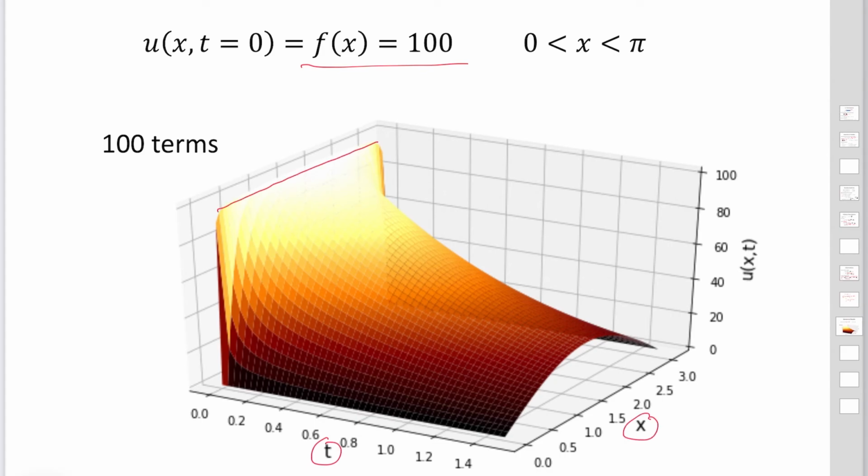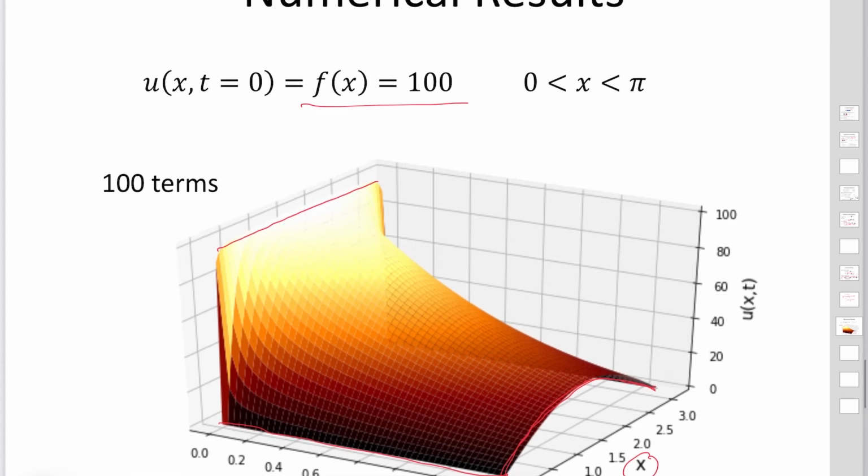Initially, the temperature is equal to 100, and the temperature decreases because both ends of the bar are at 0. And at t equals 1.4, this is the temperature distribution. At the center, the temperature is maximum. At both ends of the bar, the temperature is 0.